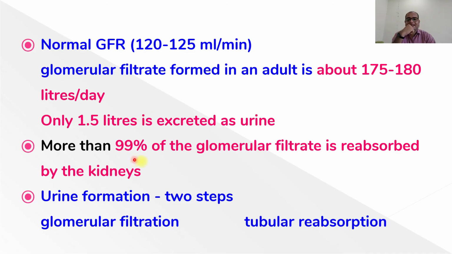So almost 99% of whatever filtration is happening is getting reabsorbed. So there are multiple filters. One is filtering out everything, then another takes back everything, and only waste product is getting out. So there are two pathways. One is filtration, in two steps, glomerular filtration and tubular reabsorption, which is going to take back everything which is important.